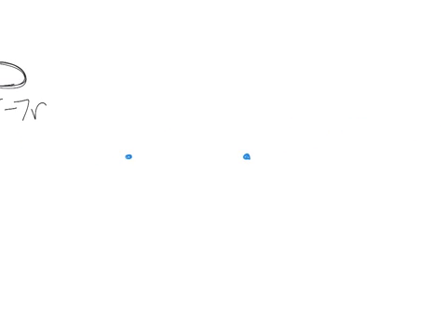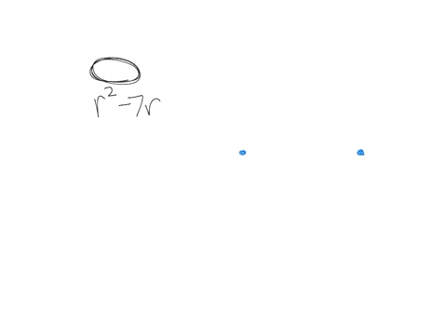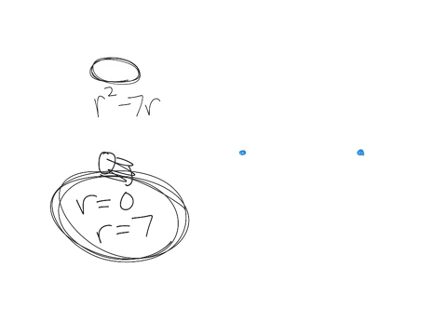When you zoom in, you see that the parabola crosses at 0 and crosses at 7. So we now automatically know that the answer is r equals 0 and r equals 7. We now know the answer because Desmos gave it to us.